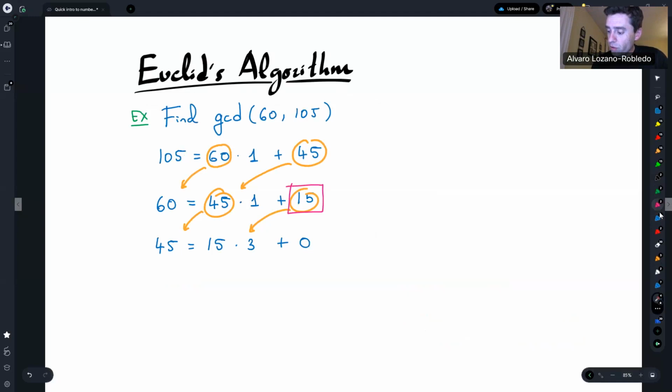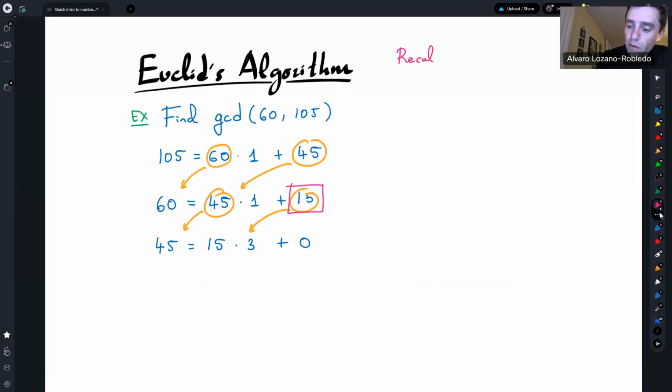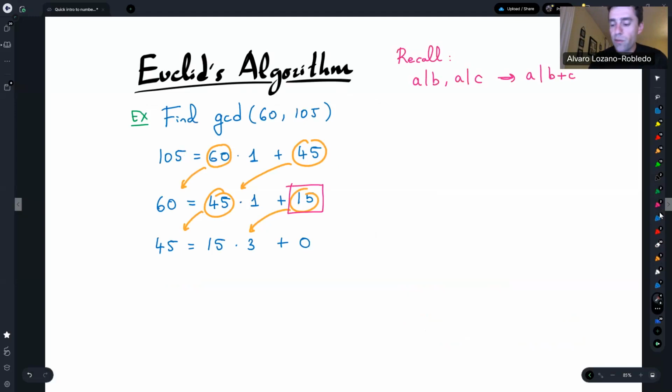Let me recall that if A divides B and A divides C, then A divides B plus C. And in here, if you write that 45 is 105 minus 60, then what that means is that if you have a common divisor of 105 and 60, then by this equation, if it divides 105 and it divides 60, it has to divide 45. So a common divisor of the two of them would divide the third.